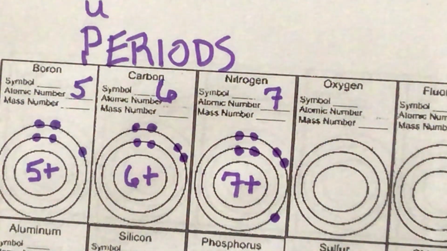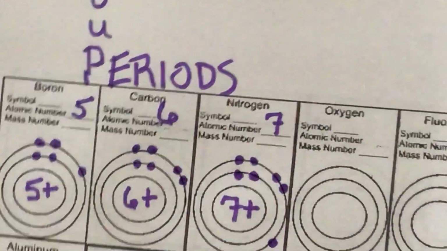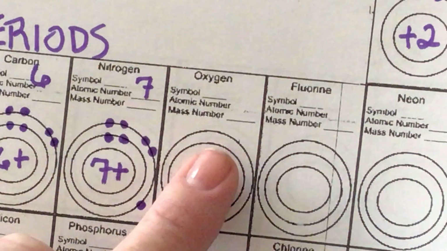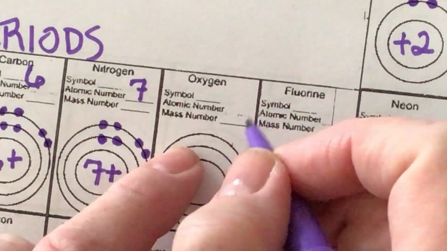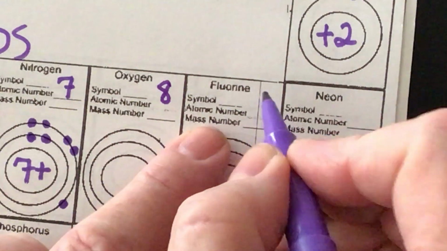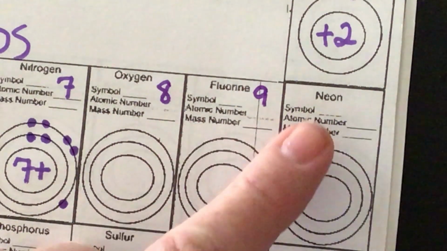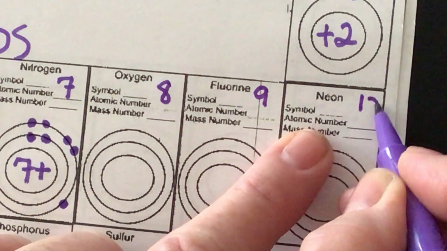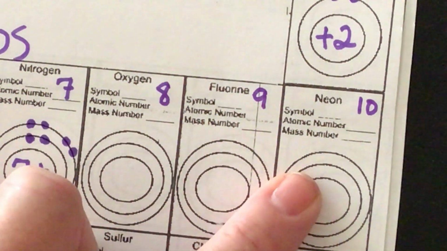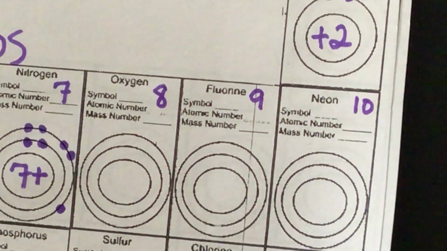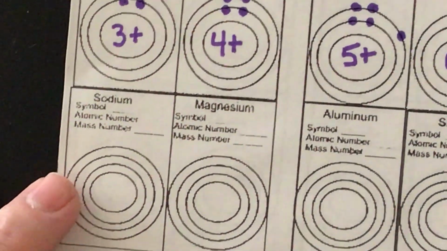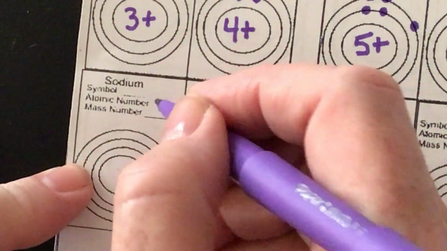Okay, can you see kind of what you're going to do now? This next one is going to have what number, do you think? 8. This one will have 8. What do you think this one will be? 9. 10. 11. All right, so we have 8, 9, and 10. And then we're going to do 11.